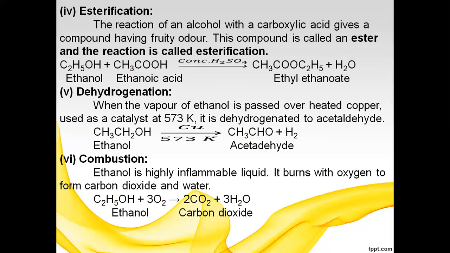Ethanol reacts with ethanoic acid in the presence of concentrated H2SO4 to form ethyl ethanoate, an ester. In the equation, ethanol combined with ethanoic acid, with concentrated sulfuric acid, is converted into ethyl ethanoate, CH3COOC2H5, plus H2O.